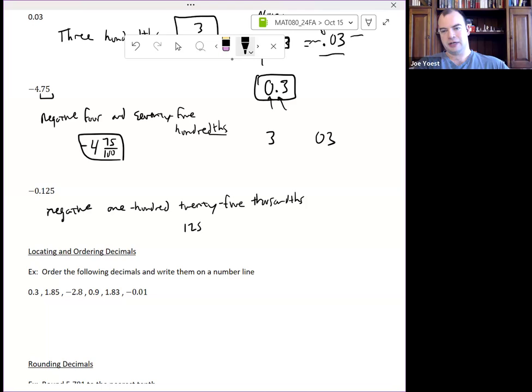Or it's 125 thousandths, make it negative.